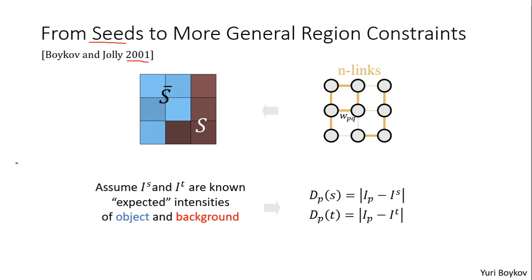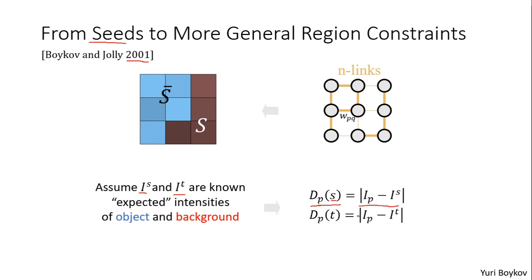Assume that we know this C1 and C2, for example, in the Chan-Vese algorithm. Assume that I_S and I_T are known, the expected intensities of the object and the background. Then you can compute these costs, d_pS as modulus of I_P minus I_S, d_pT as modulus of I_P minus I_T. So what does this mean? For pixel P, d_p means, does pixel P like to belong to S?